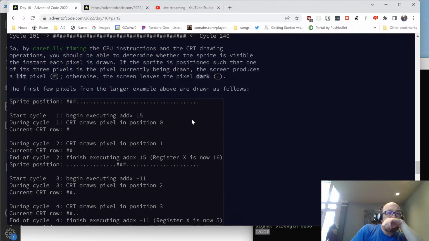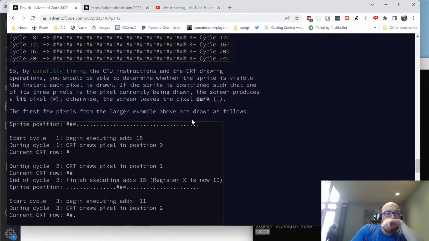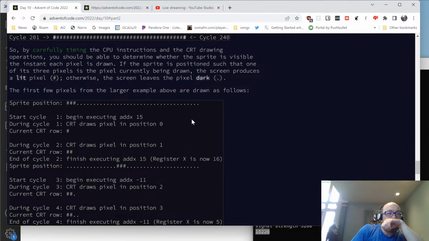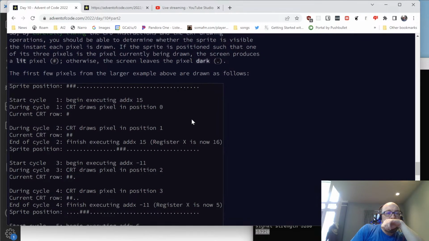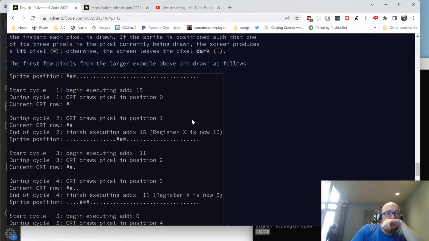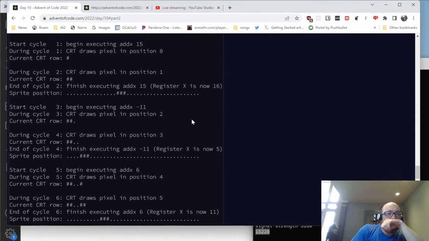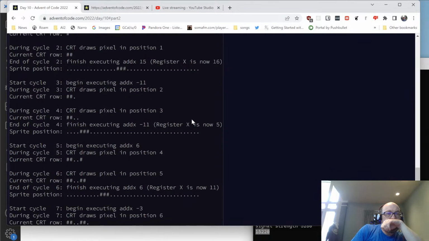Pixels are drawn as follows. Sprite position, start cycle, begin executing, during cycle, CRT draws pixel in position 0, finish executing, register X is now 16, CRT draws pixel in position 2, current CRT row.